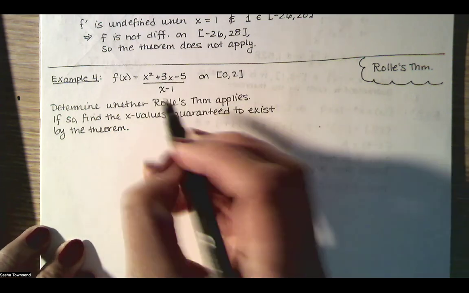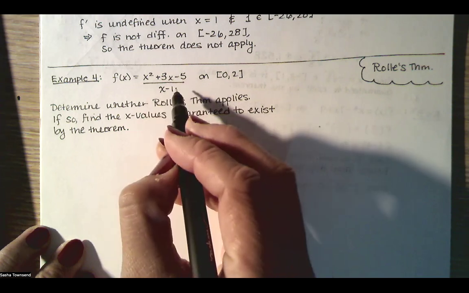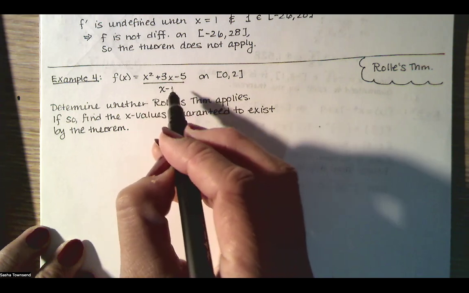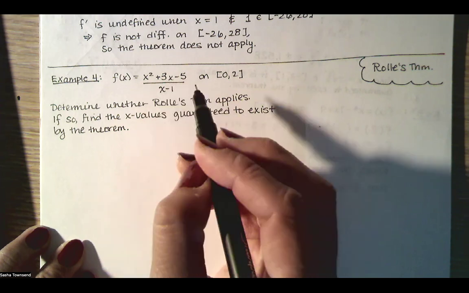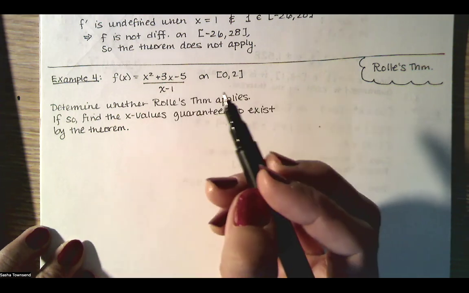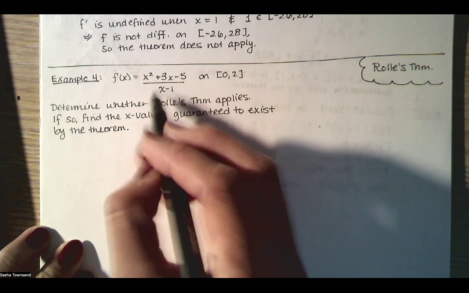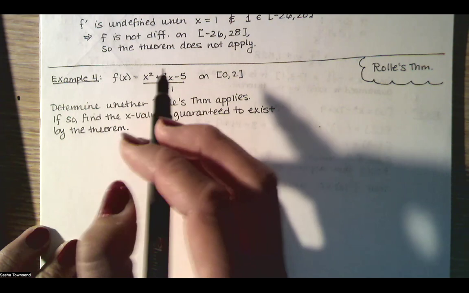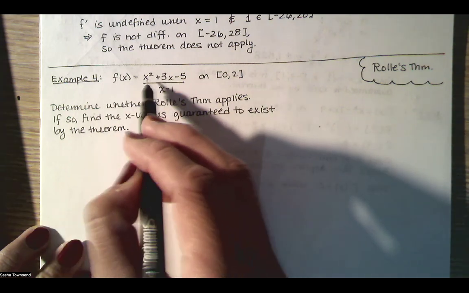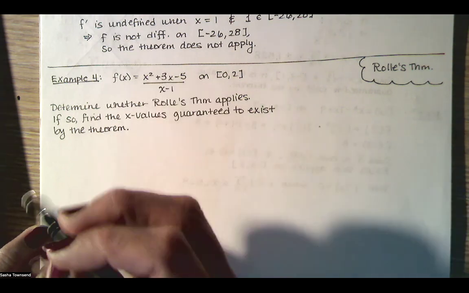We'll say, well, this function is potentially discontinuous when the denominator is 0, and the denominator is 0 when x equals 1. Now, when we substitute x equals 1 into the numerator, we can find out if that numerator is also equal to 0 at x equals 1.